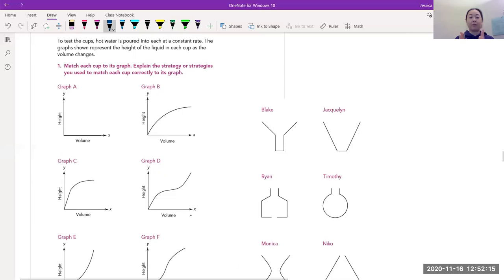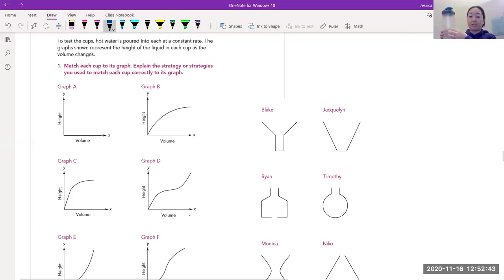Because sometimes when you have one of those, like this water bottle, it's going to fill up constantly the same, right? But I would say the top is a little bit slower than the bottom. The bottom fills up faster because it's skinnier on the bottom and slightly gets wider as we go up higher. The skinnier it is, the faster it fills up, even though your rate of the water is the same.